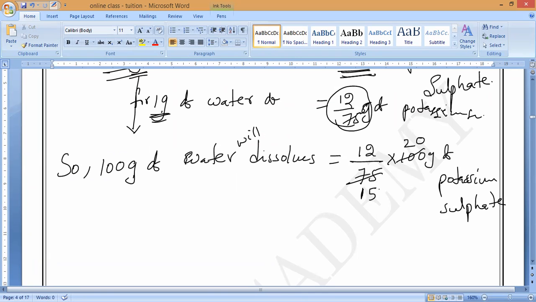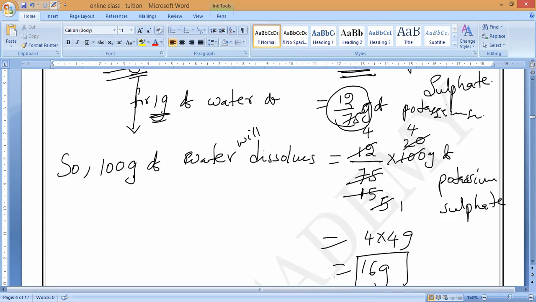Now 3 4s are 12, 5 1s are 5, 5 4s are 20. So 4 into 4, which is equal to how many grams? 16 grams.